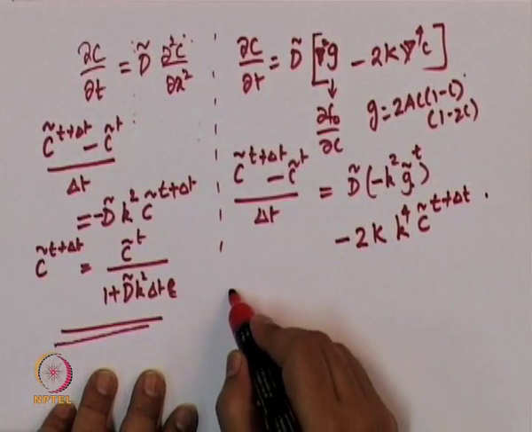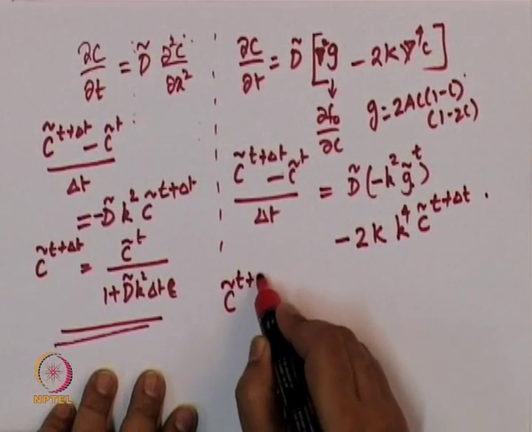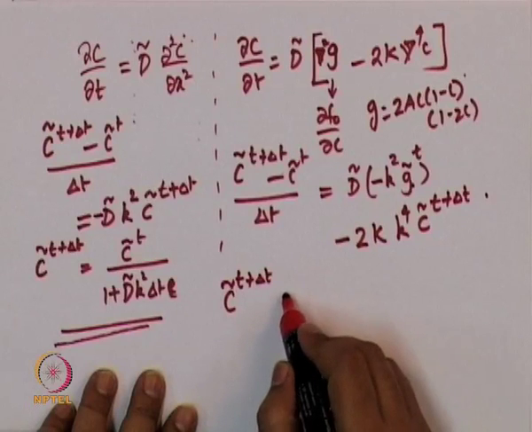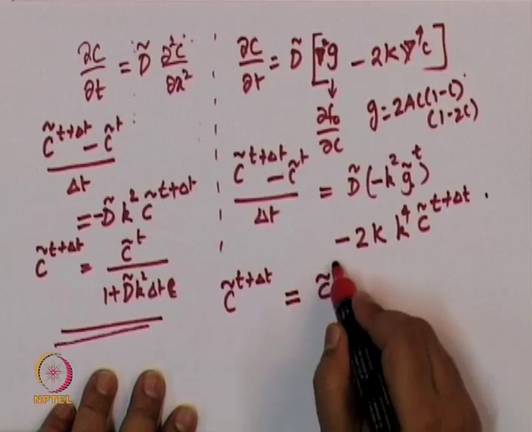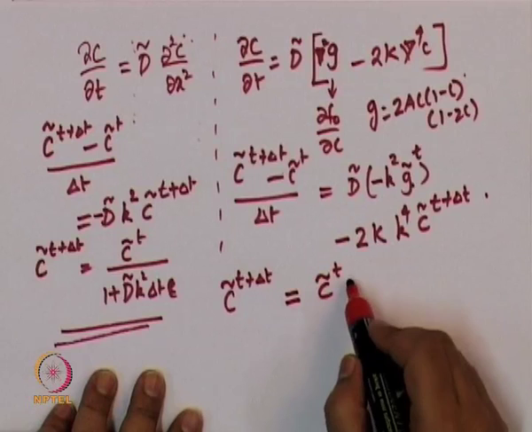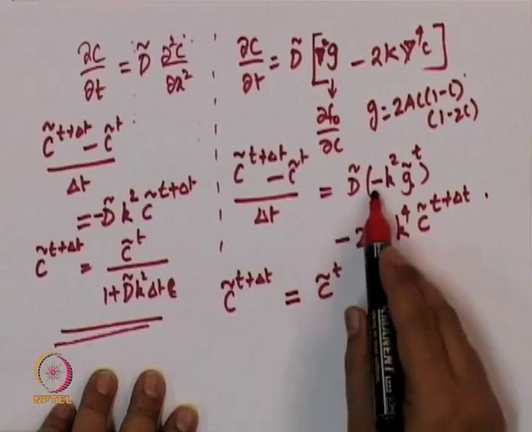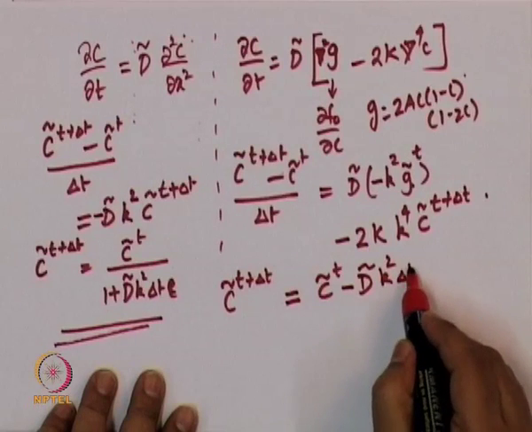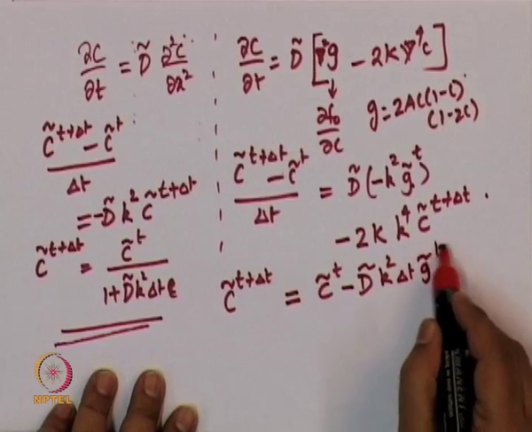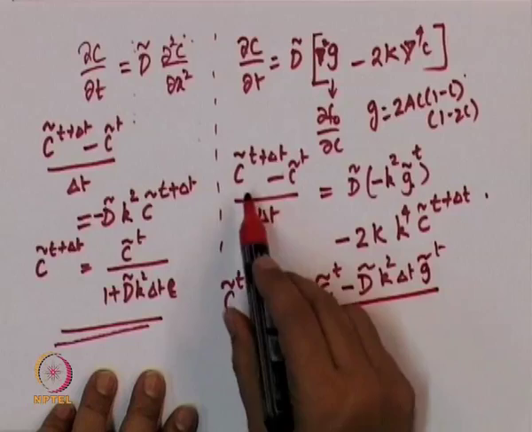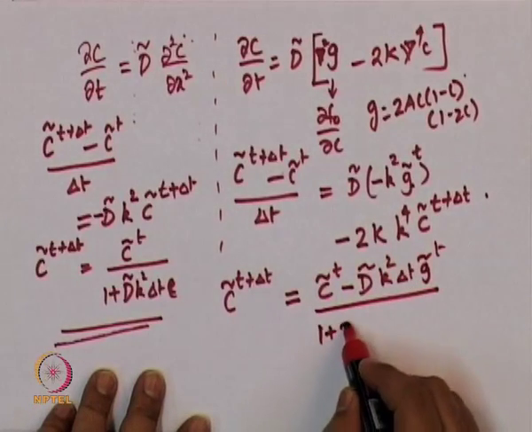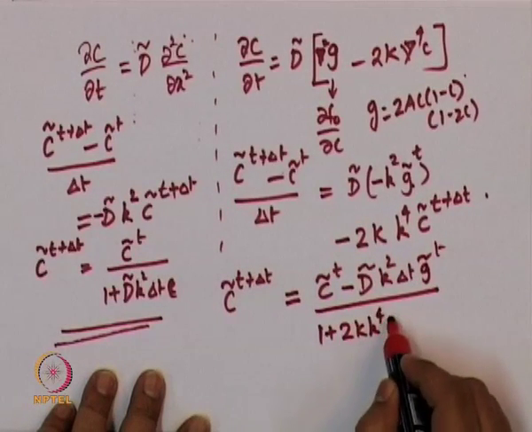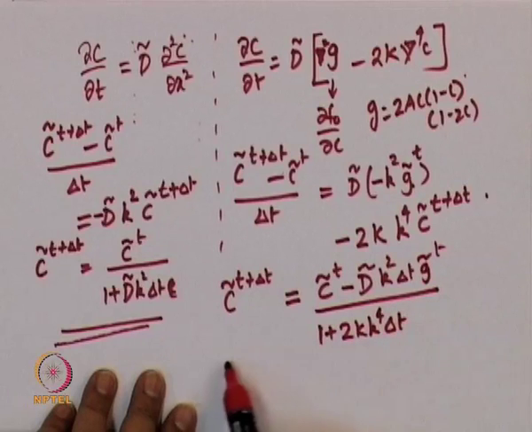So, if we now look at it, c tilde t plus delta t is equal to c tilde t minus d tilde k square delta t g tilde at time t, divided by 1 plus 2 kappa k power 4 delta t. That is the solution.